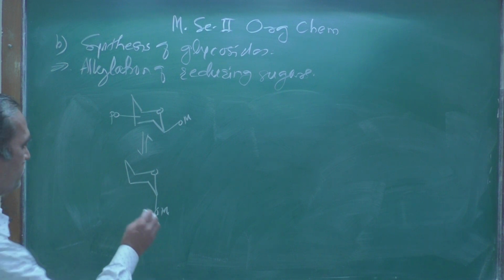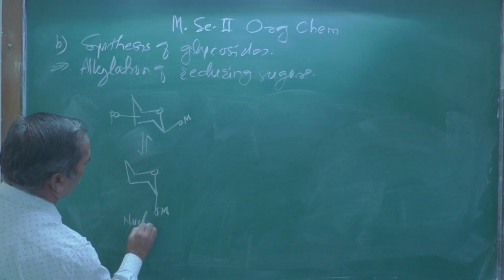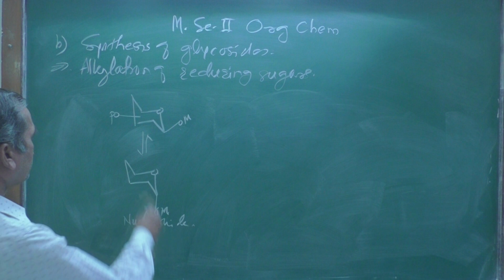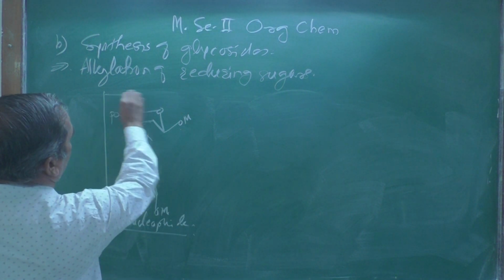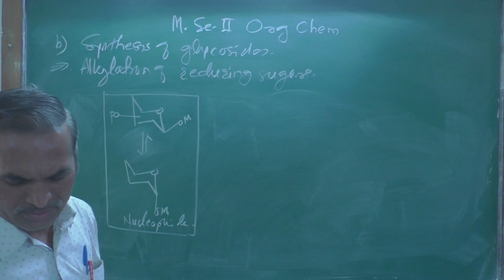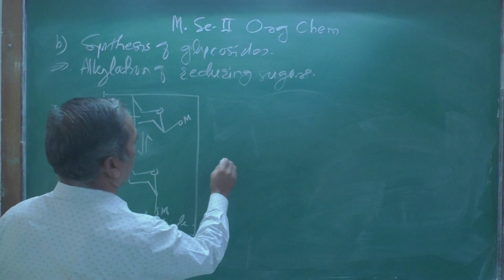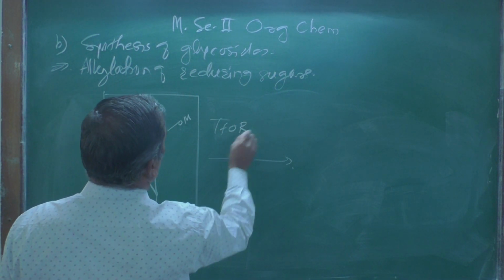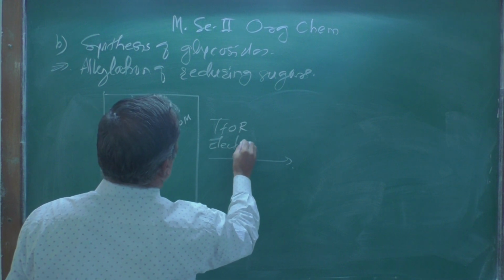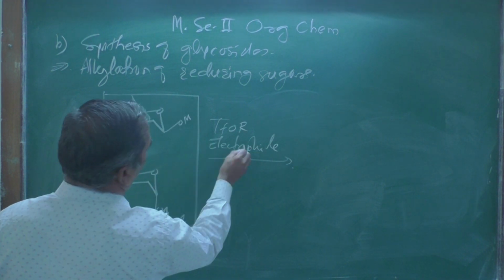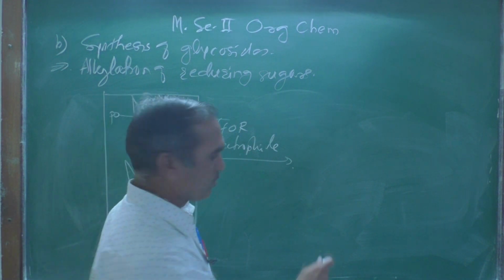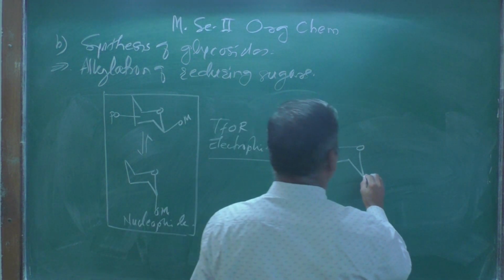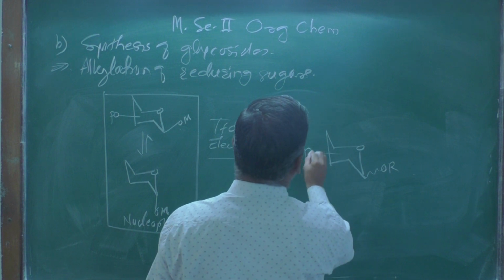This is a nucleophile, and when it is treated with a reagent like RX, that is an electrophile, you are going to get the product, this one, written here as OR, with the PO over here.